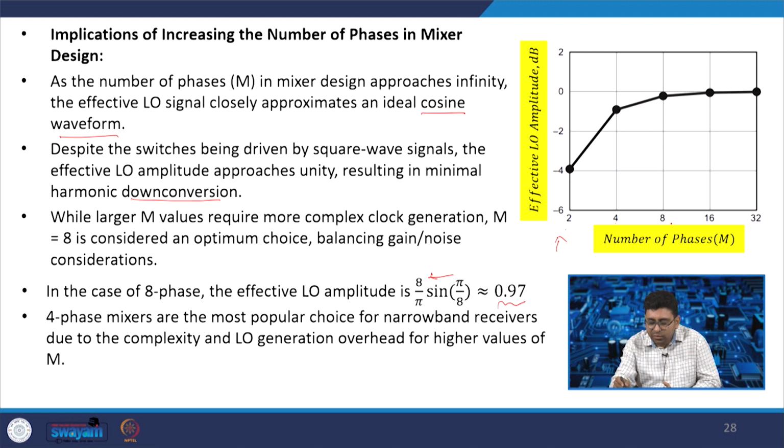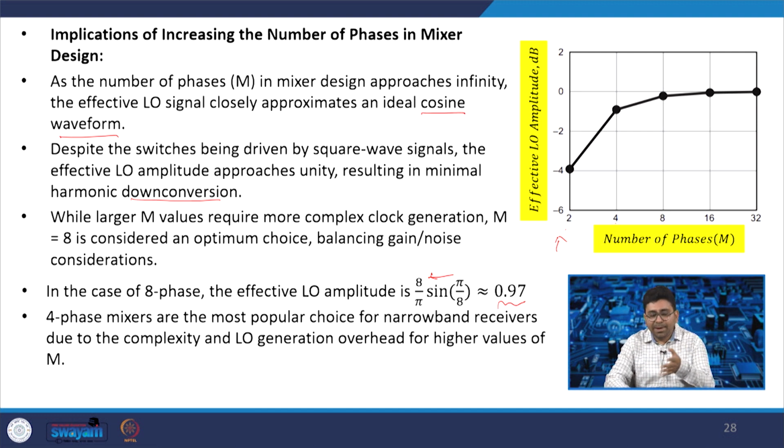So, we do not need to go for higher m phases, because it will increase the power consumption, and we can also get the performance of an ideal cosine wave with an amplitude of 0.97.